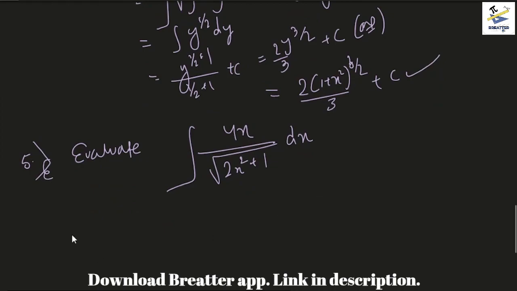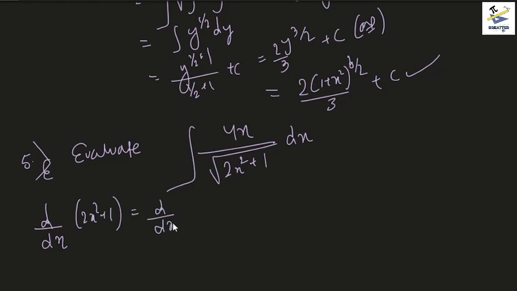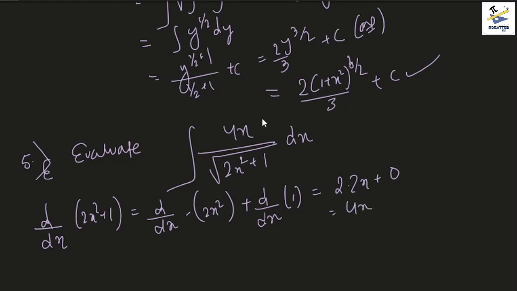Again, it should be noted that d/dx of 2x square plus 1 is equal to d/dx of 2x square plus d/dx of 1, right? And d/dx of 2x square is just 2 into 2x, and d/dx of 1 is 0, which gives you 4x. So you see that 4x is already present.